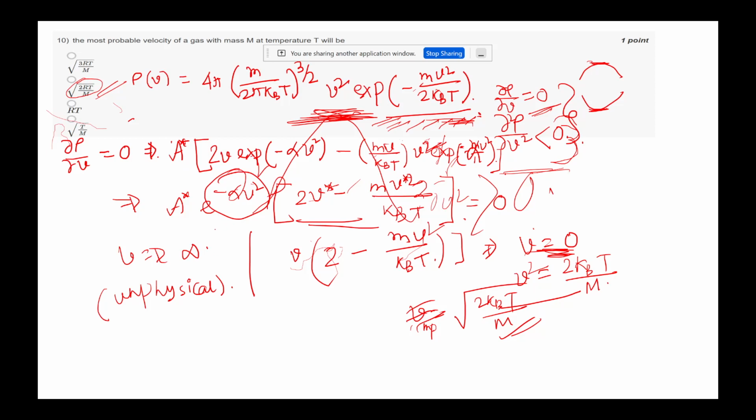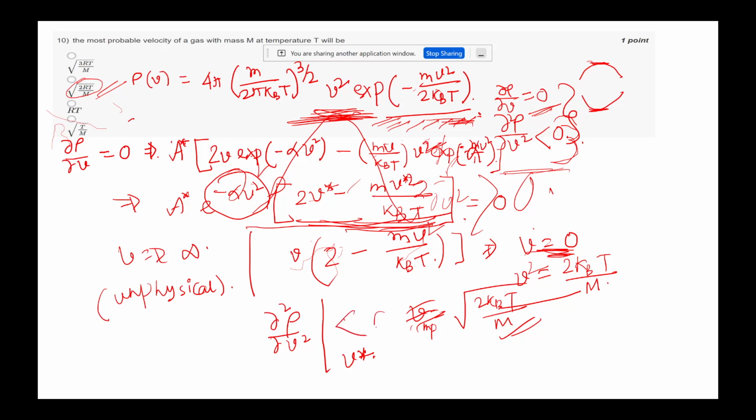I am giving you a homework. You have to take the double derivative of this, so you just differentiate it once more. Then you put this v star value, root over kbt by m.